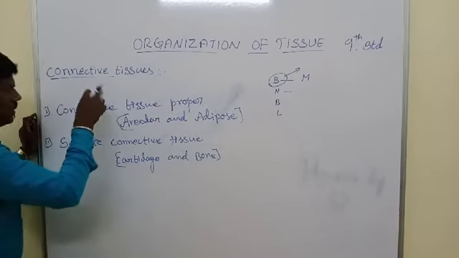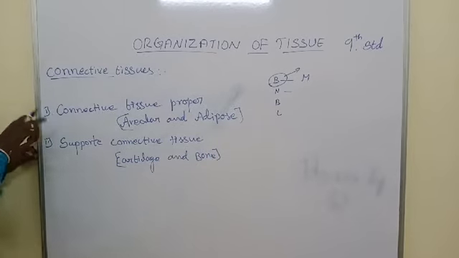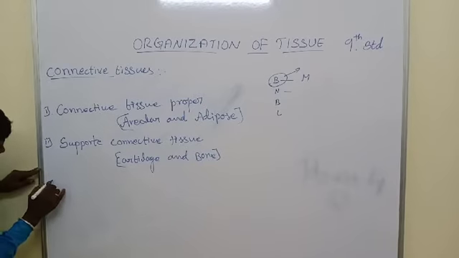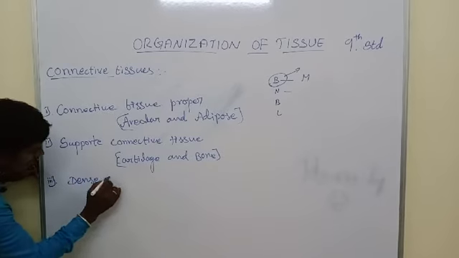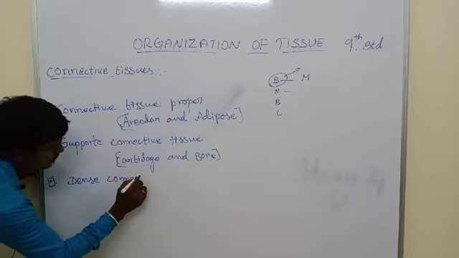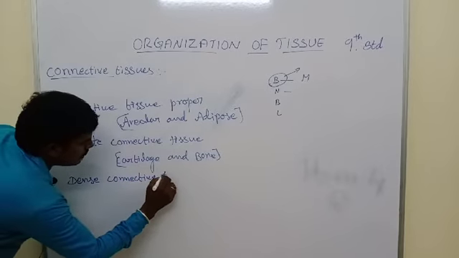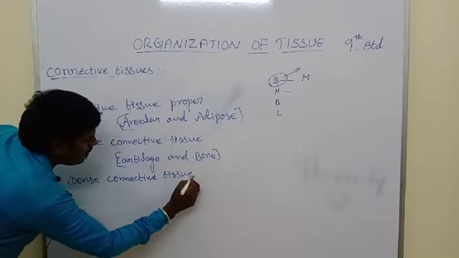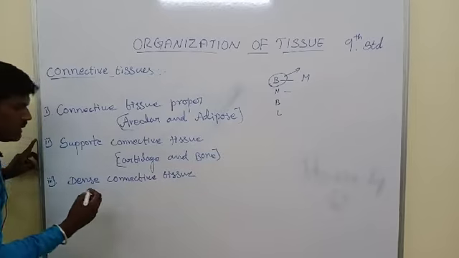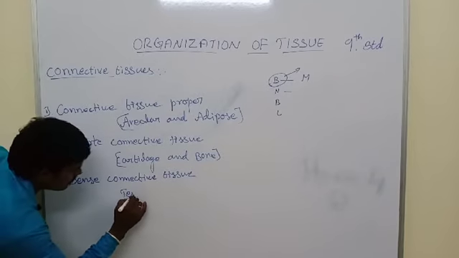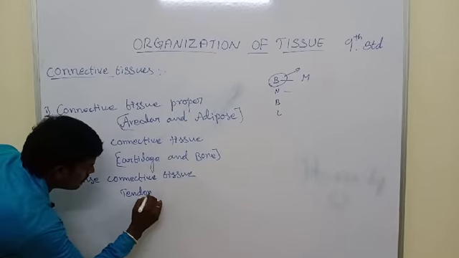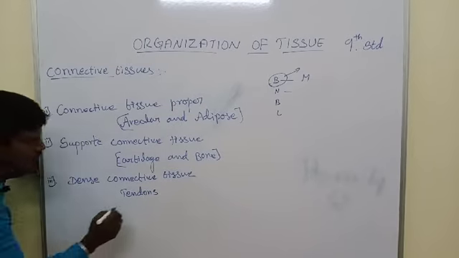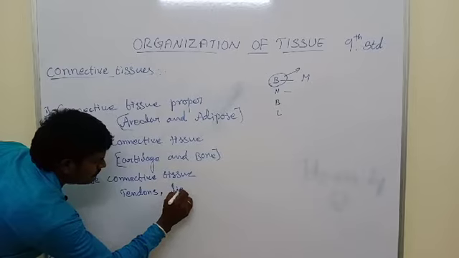Just now I am writing what the types are. And the third one, dense connective tissue. What are they? Tendons and then ligaments.